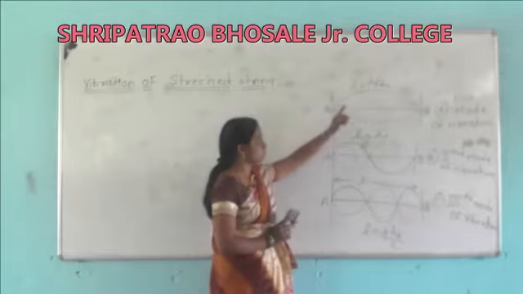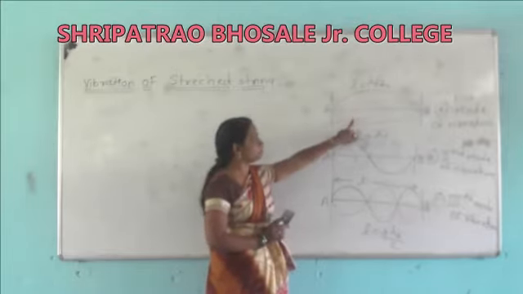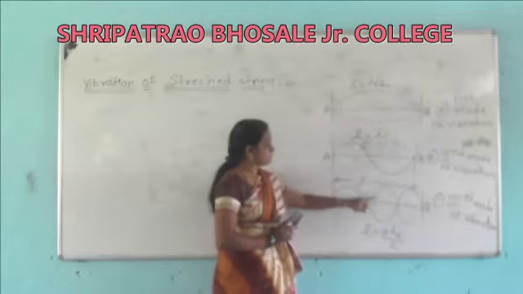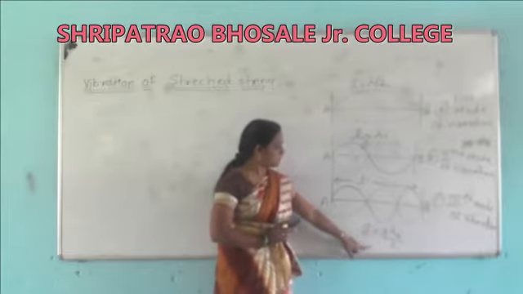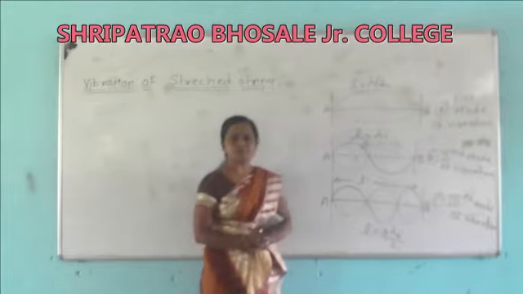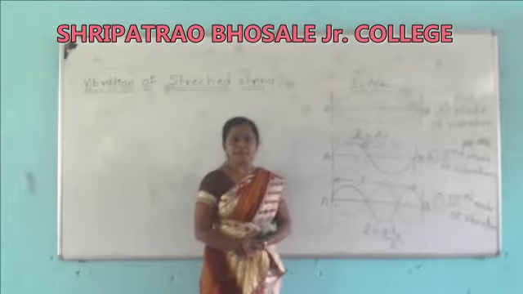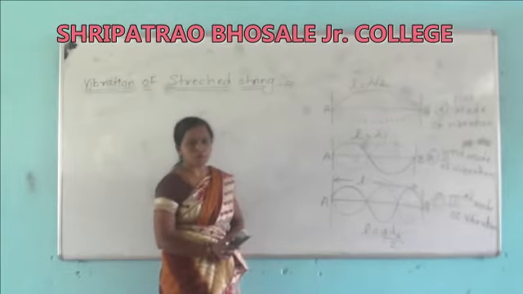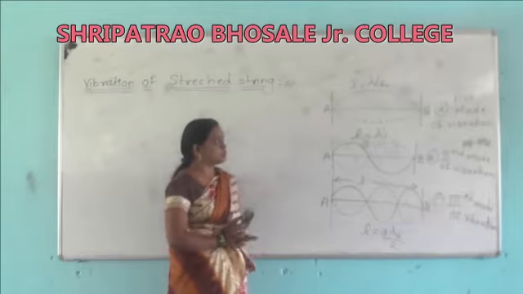Therefore, the distance in the first case is L equal to lambda by 2, and in the second mode L is equal to lambda 1, and in the third L is equal to 3 lambda by 2. Let us consider T is the tension, m is the mass per unit length, rho is the density, and lambda 1 is the wavelength of the wave fixed between the two supports.